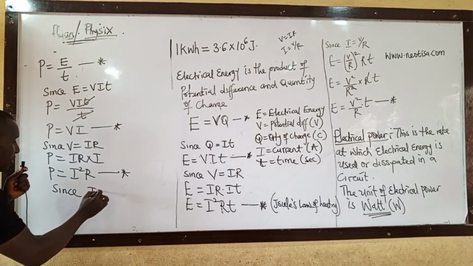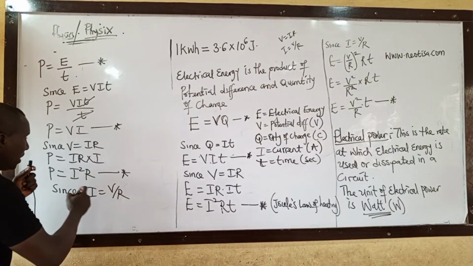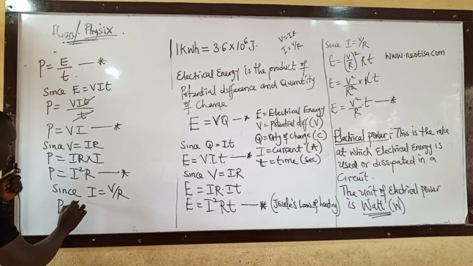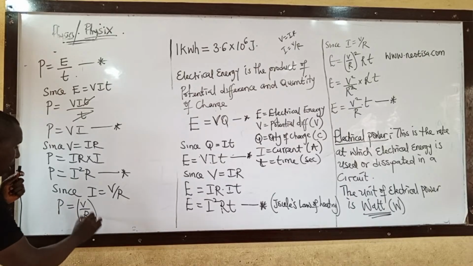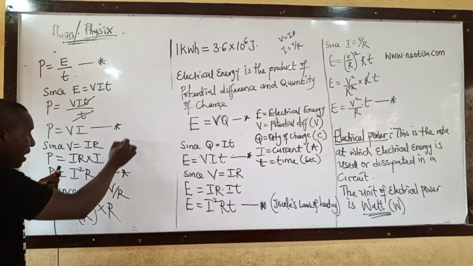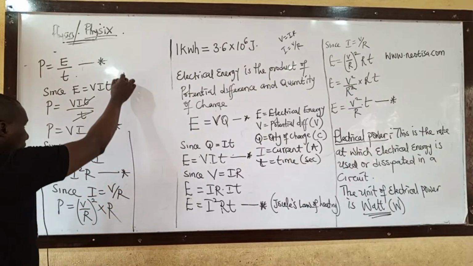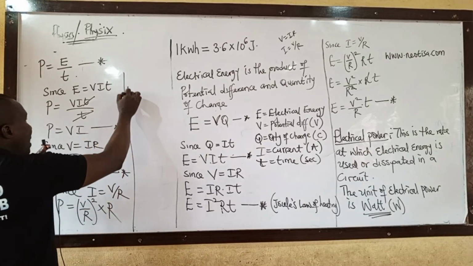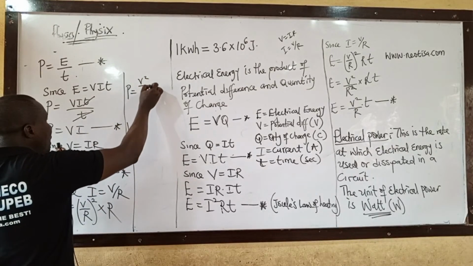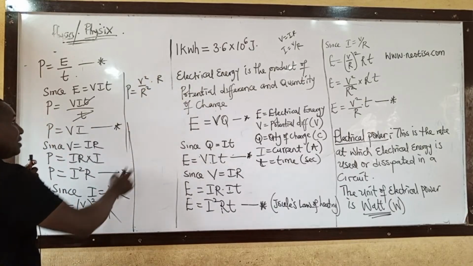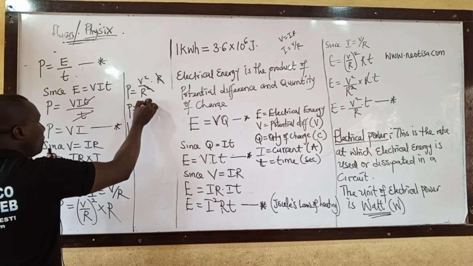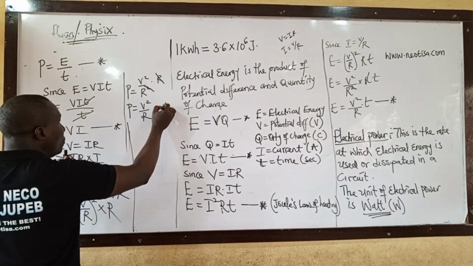Anywhere I see I, I will change to V over R. And we have power equals V over R, all squared, times R. Then we have power equals V squared over R squared times R. One R cancels one R, and we have power equals V squared over R. Take note of this formula.